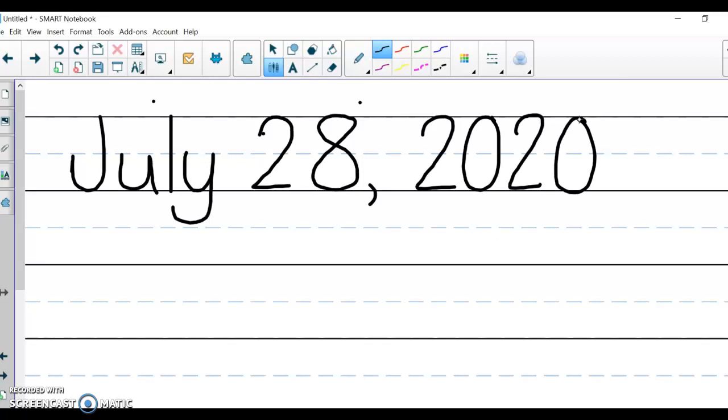So just as we did before with our name, we're going to practice writing the date. Again, the more we practice, the better we will get at our handwriting. So make sure you're sitting in good posture, your legs are uncrossed, and you have your pencil held correctly with the correct grip. Again, we're going to write the month.